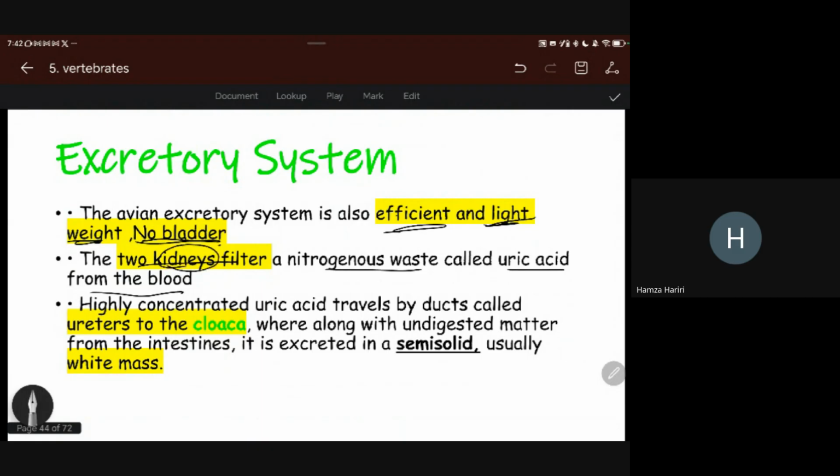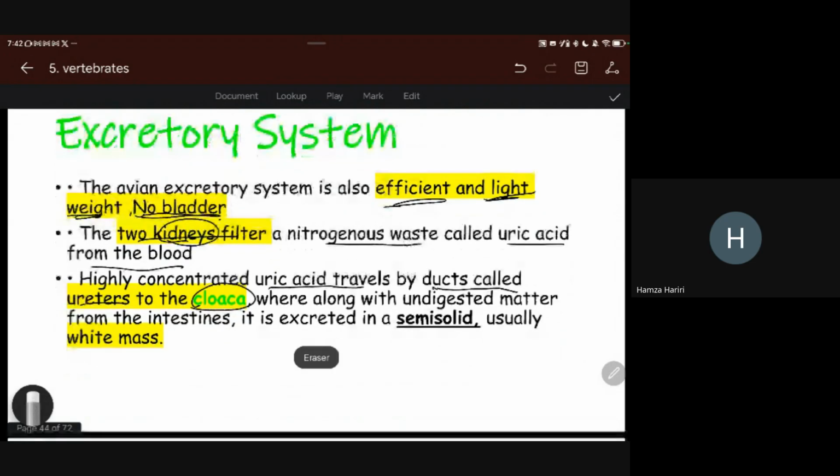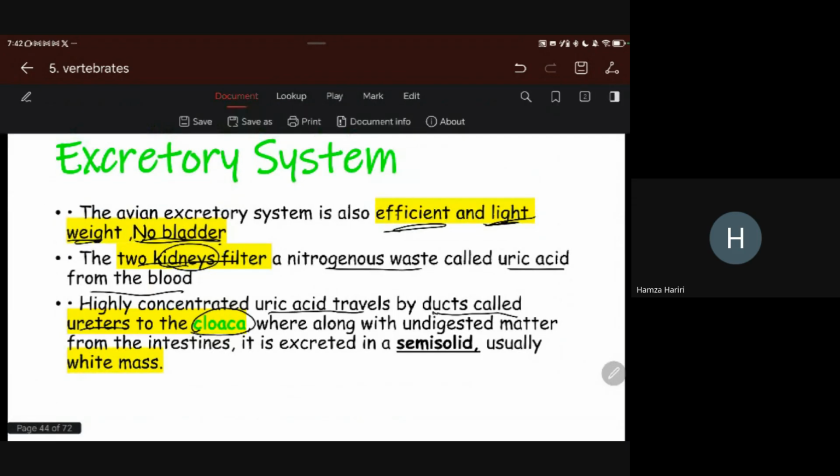They have highly concentrated uric acid, which travels by ducts called ureters to the cloaca. We've already talked about the cloaca and how it carries the wastes, where along with undigested matter from the intestine, it is excreted in a semi-solid, usually white mass.